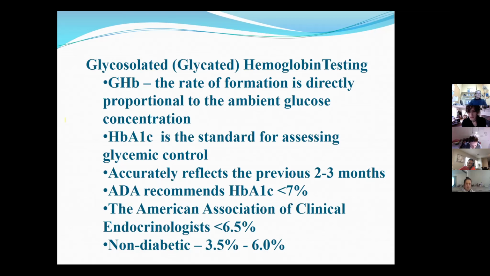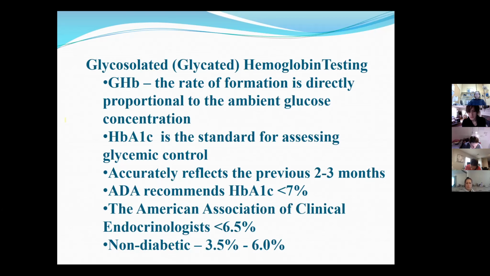Okay. So in the presence of hyperglycemia, the rate of glycosylation increases. And we look for a percentage that tells us about what's been going on. Now, in a non-diabetic, that number ranges generally between 3.5 to 6.